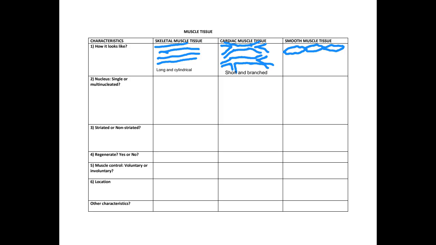And then we look at the nucleus, and we talk about if it's single nucleated or multinucleated. What that means is that when you look at the cells that make the tissue, do they just have one nucleus per cell or many nuclei per cell? The only one that is multinucleated is the skeletal muscle tissue. Everybody else is single nucleated.